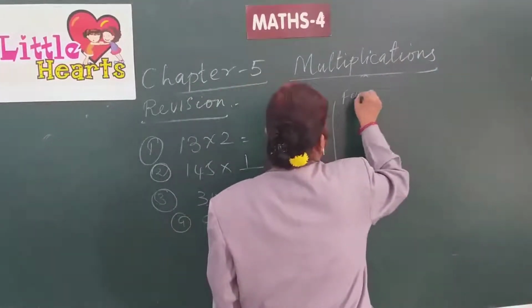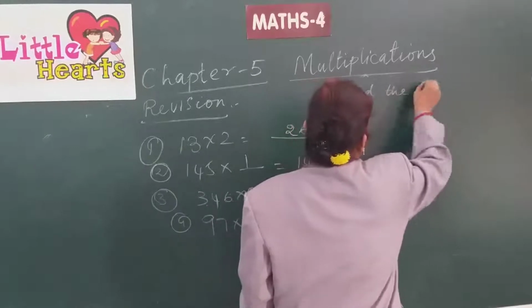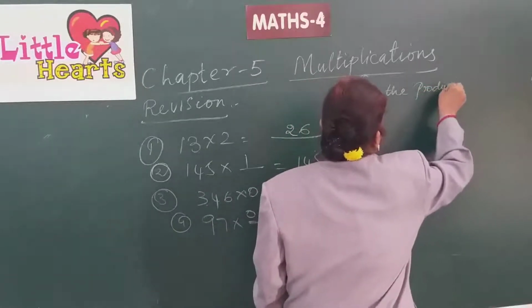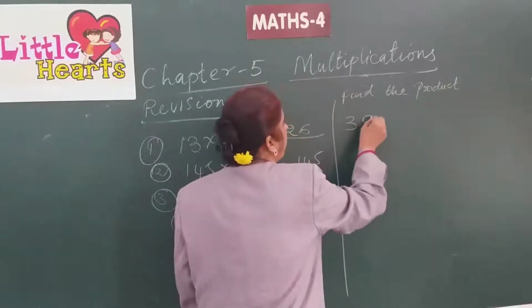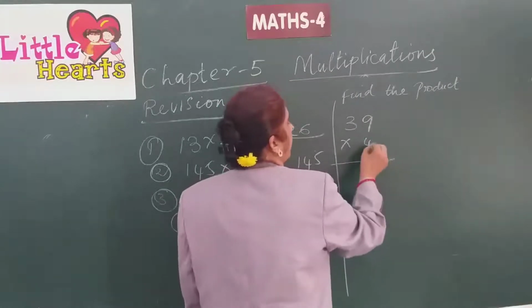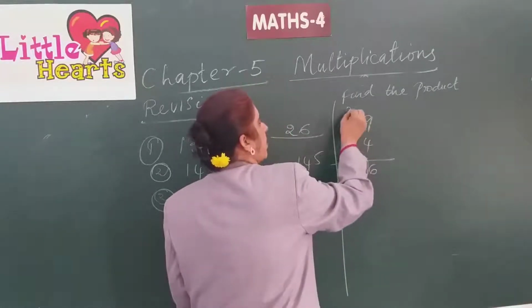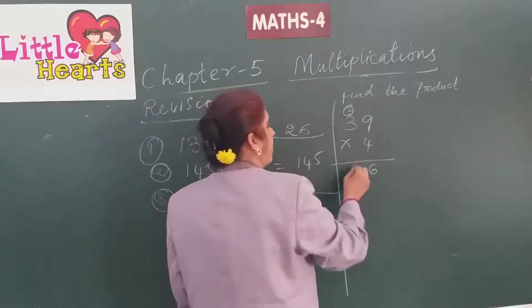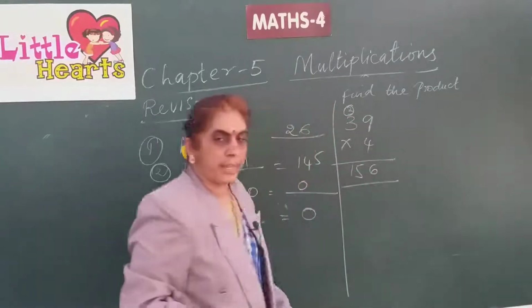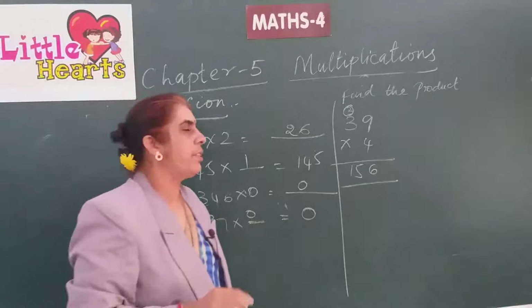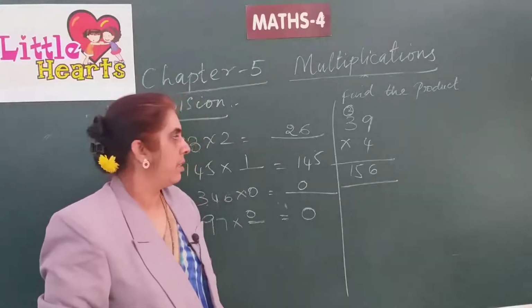Find the product. 39 into 4. 4 9s are 36. 4 3s are 12 plus 3, 15. For multiplications, children, you need to be thorough with the tables.